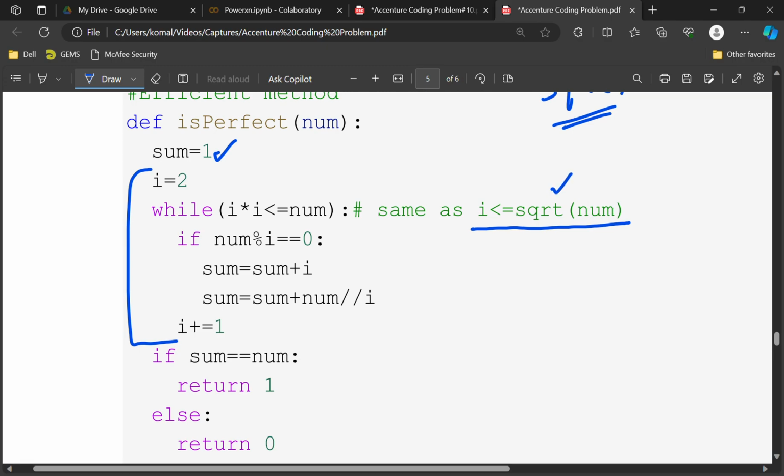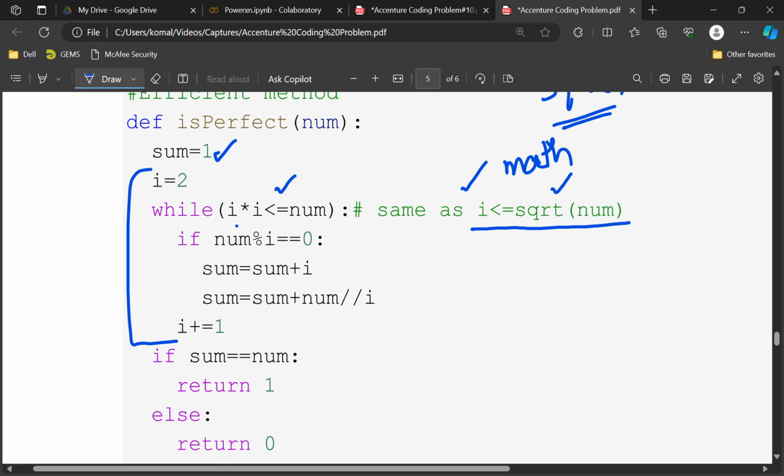I have to explicitly convert it to integer, and then plus 1 needs to be added, and moreover I have to import the math package to work with square root. To avoid all that additional effort, I am simply writing i square less than or equal to num. These two are the same.